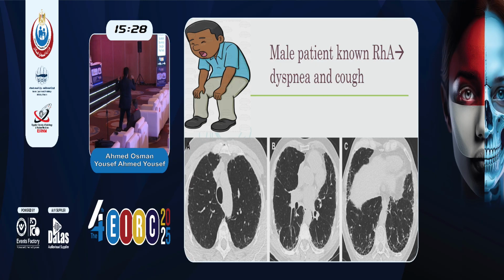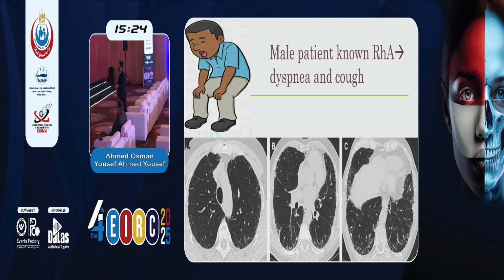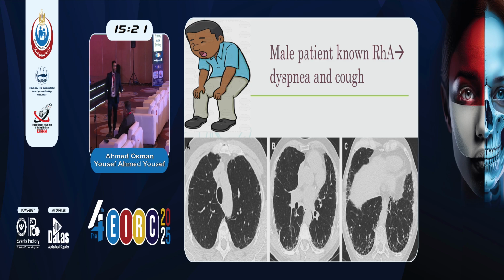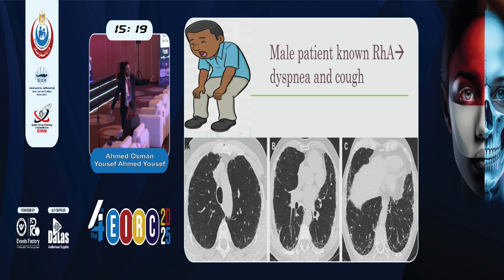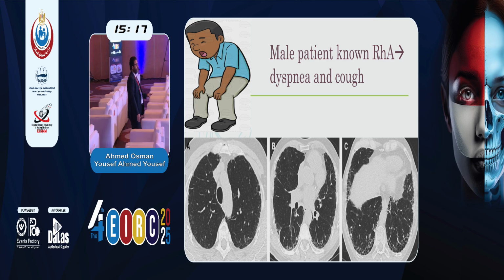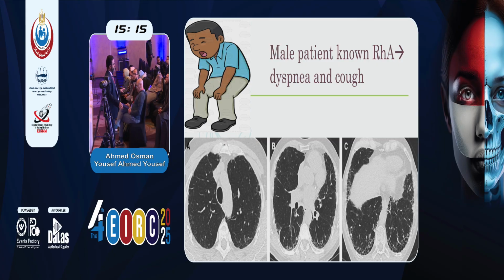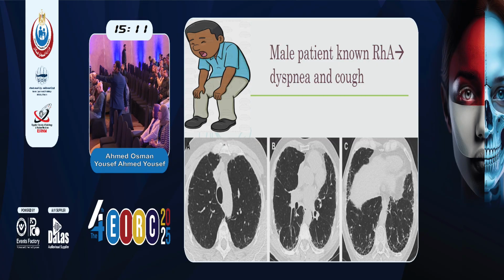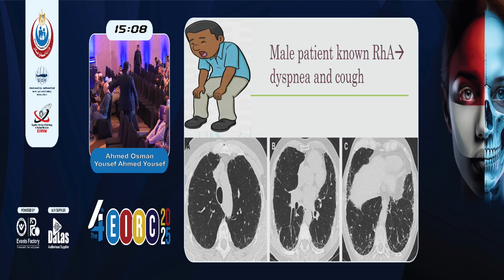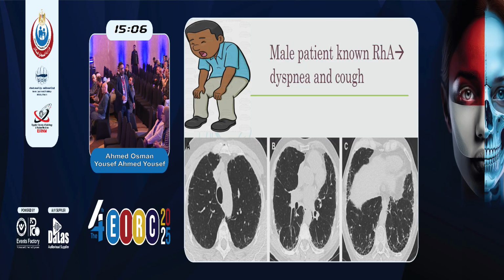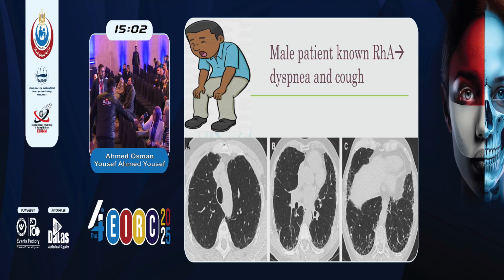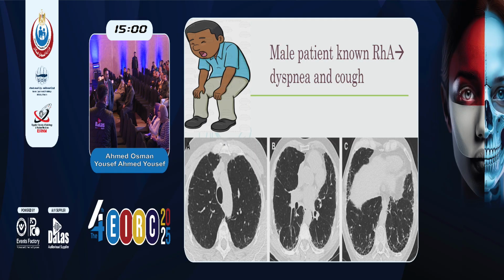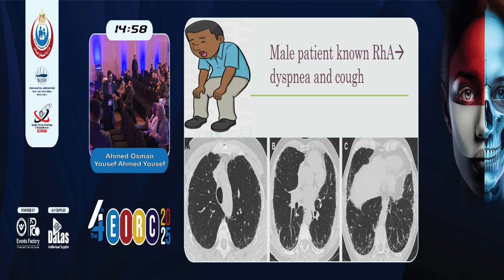This is a complicated, complex case. It's a male patient, a rheumatoid arthritis patient, who came with dyspnea and cough. It's almost the same, nothing tricky. Bilateral basal honeycombing can be idiopathic or secondary UIP.